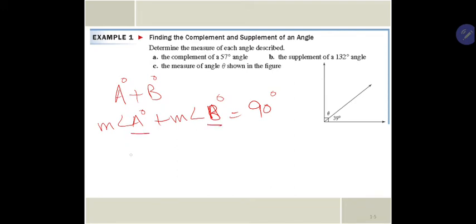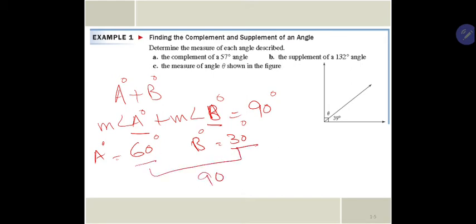So for example, if angle A is, let's say, 60 degrees, then the complement of angle A would be 30, because 30 plus 60 add up to 90. Similarly, can you try out this one? What if I have angle A as 45 degrees? What will be the complement of angle A? Yes, you're right, it's 45, because 45 plus 45 is going to be 90. So these are called the complementary angles.